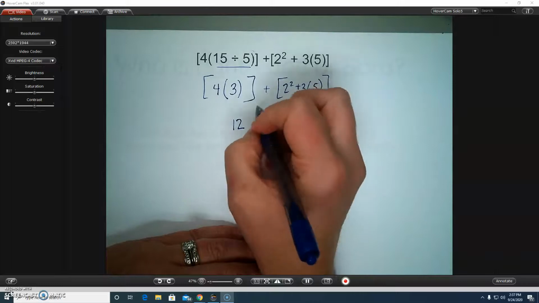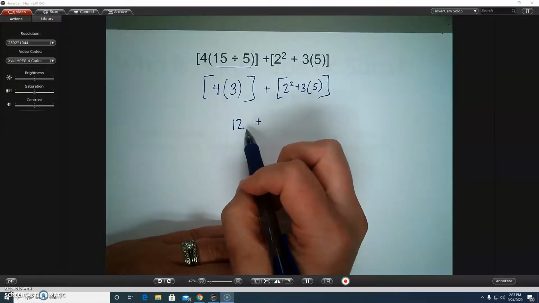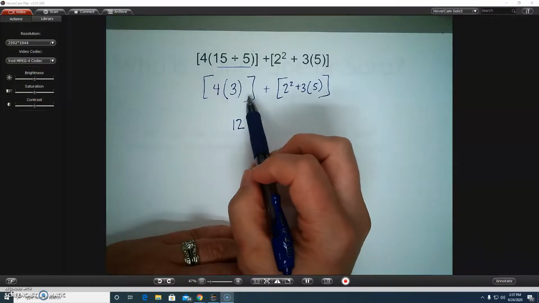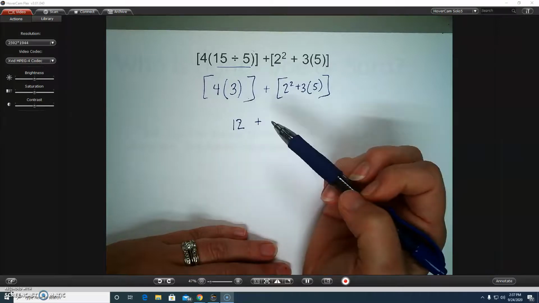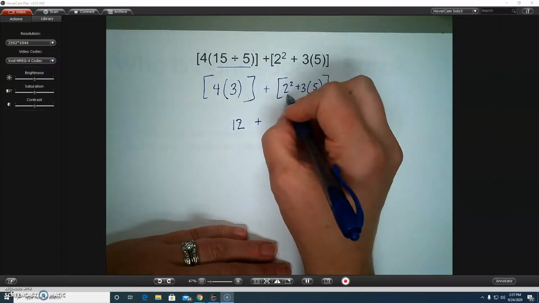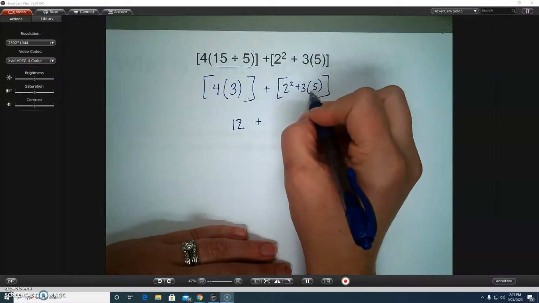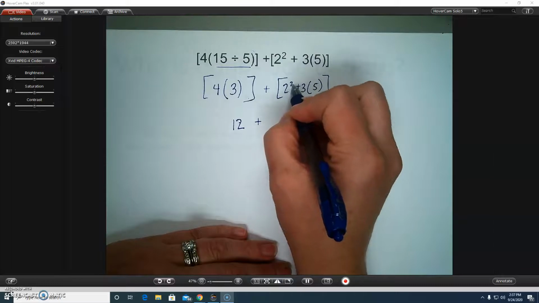Because that plus sign is there, I'm not going to have to multiply this times anything else. It's not right next to parentheses or brackets, so I can go ahead and get rid of my brackets on this particular problem around that number. My next one here that I have, and here these parentheses don't tell me to do it first. This is just multiplication. So I'm going to take care of this exponent first.